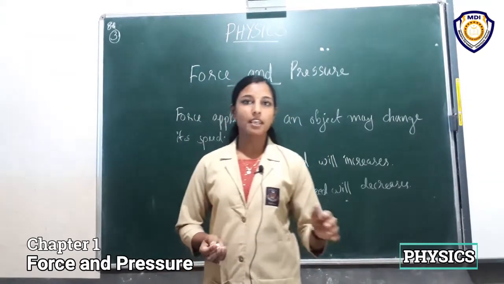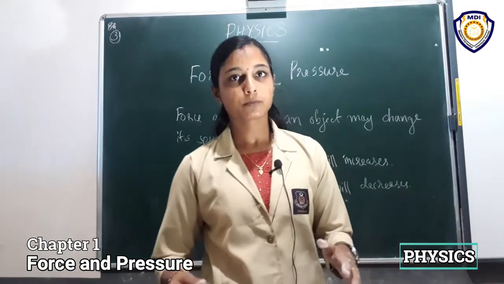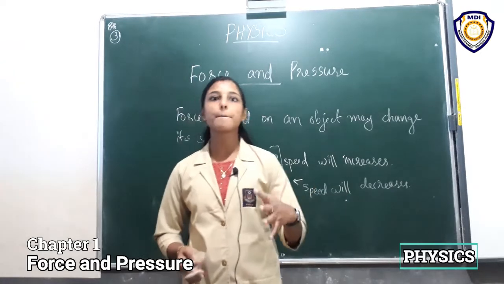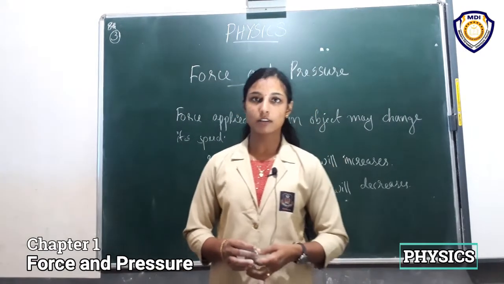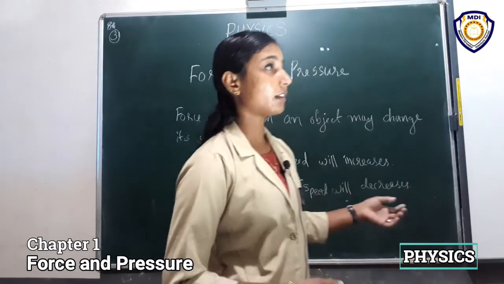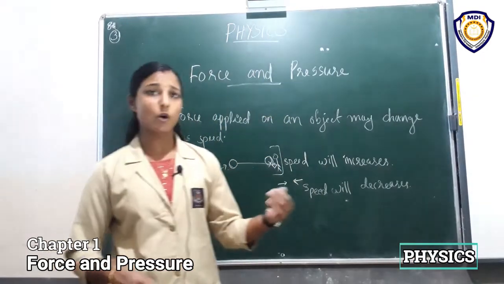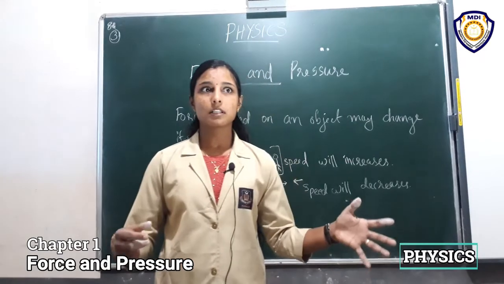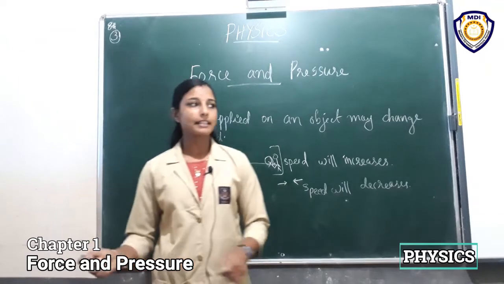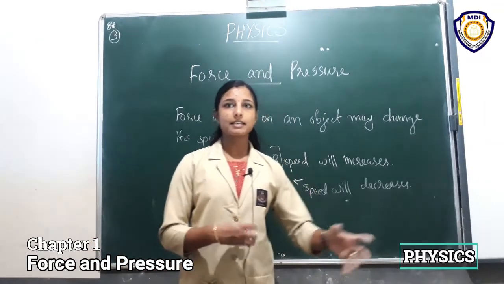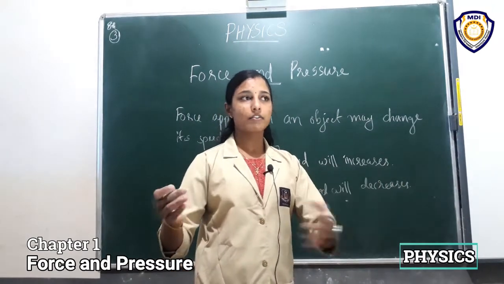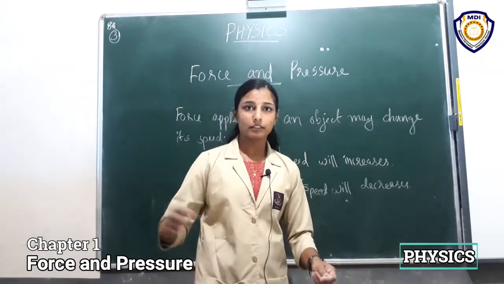So a force can change not only the speed of the object, it can also change the direction of a moving object, right? There are some other examples. Suppose while playing volleyball, or while playing hockey, right? While playing these games, the ball may change its direction from one court to another and from one player to another player, right?